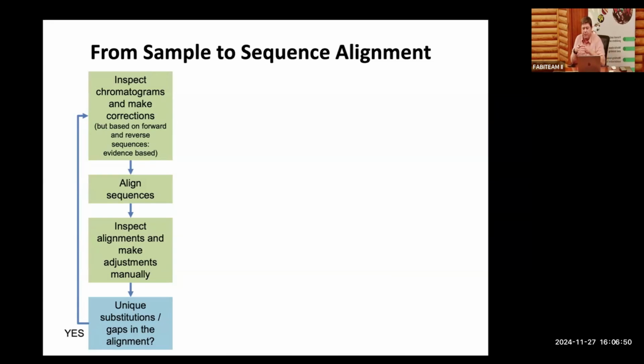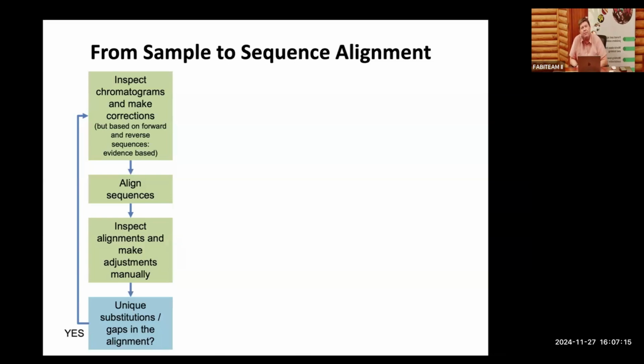So the first step would be to inspect your chromatograms and make corrections. And these corrections are not just because you think it should be a T or an A, adenine or cytosine. Typically, we will use the forward and the reverse sequences and compare the 2 sequences, and then make corrections based on the base calls in the opposite strands.